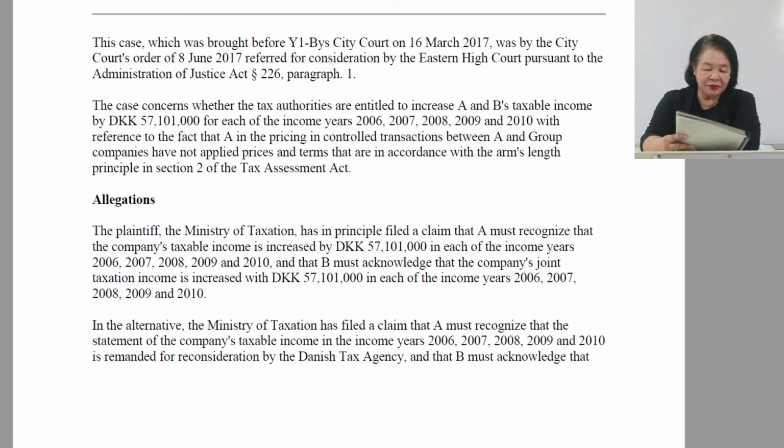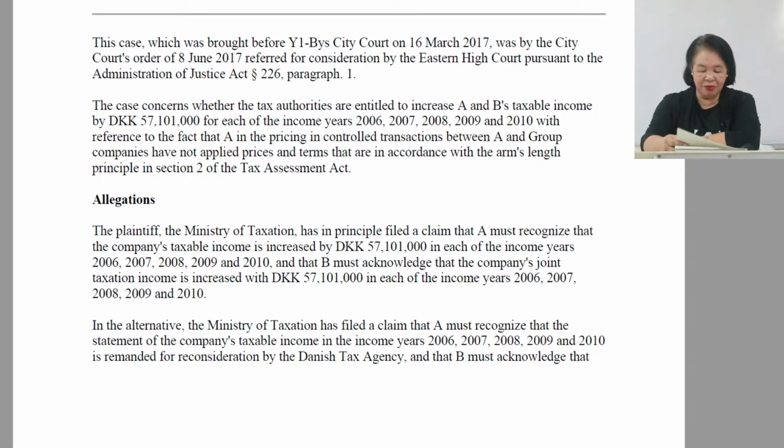The Ministry of Taxation, no? Has in principle filed a claim that A must recognize that the company's taxable income is increased by Dennis Krohn 57,101,000 in each of the income years 2006, 2007, 2008, 2009, 2010.